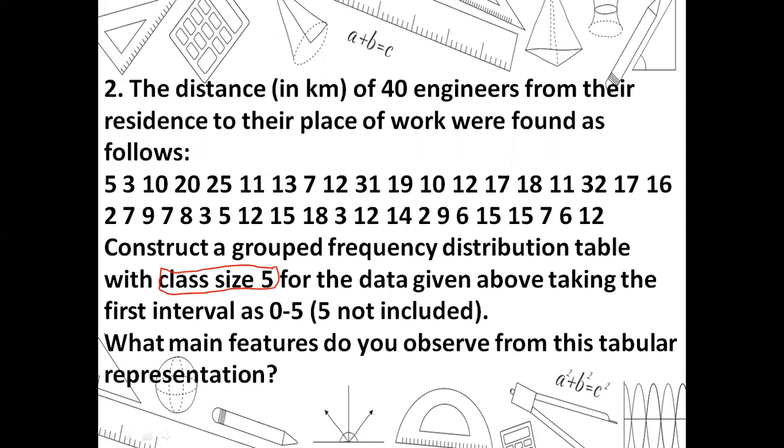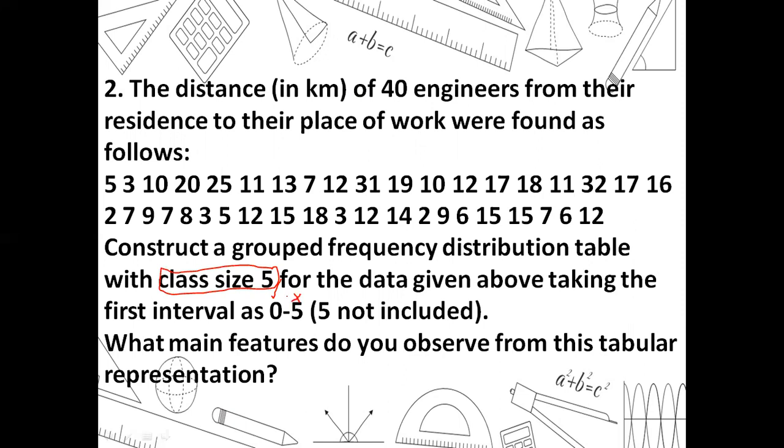They have also mentioned what we should start the class interval with, so it has to be 0 to 5. And here they have said 5 is not included, so we have to include only this number and not that number.